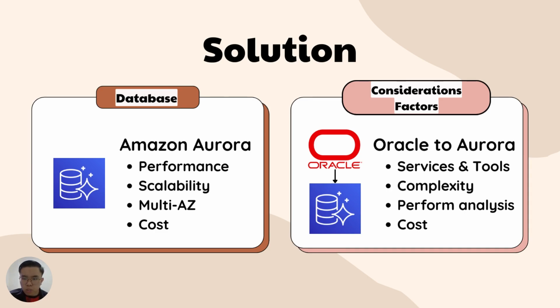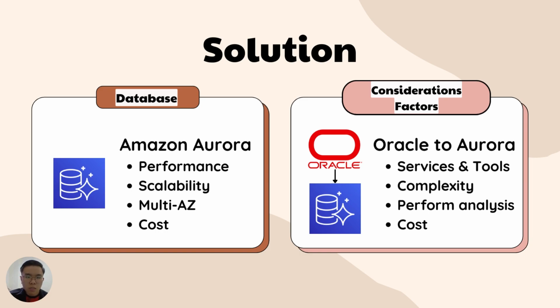Then we need to learn to perform the analysis on the application and Oracle database workloads. And not only that, we also need to understand and compare the cost, which database is more performant, optimized, cost effective, and highly available.